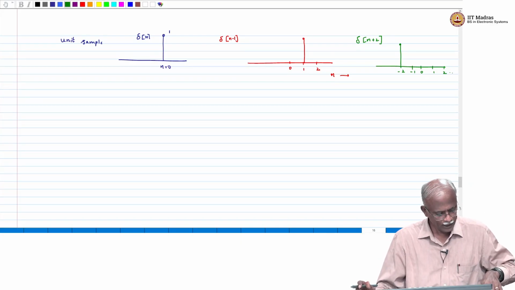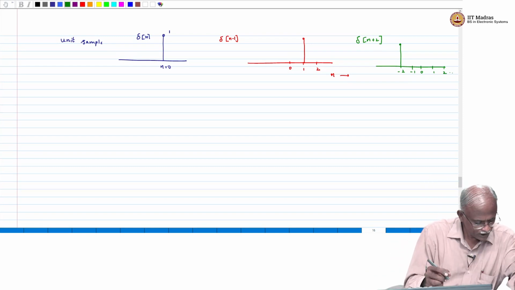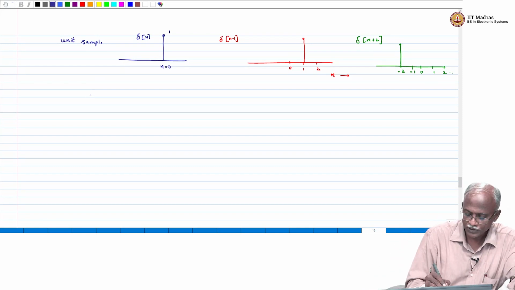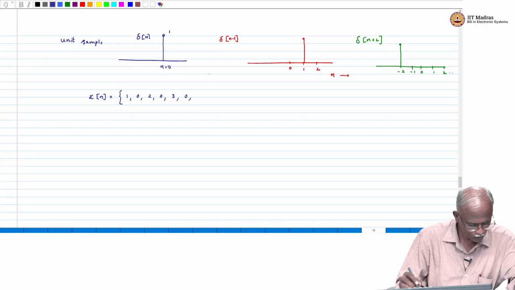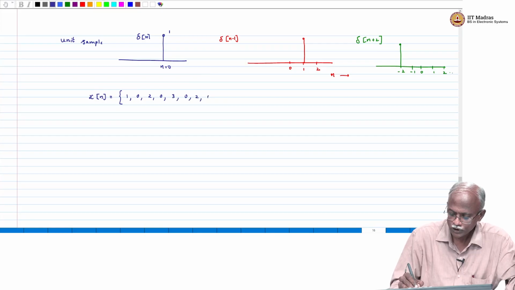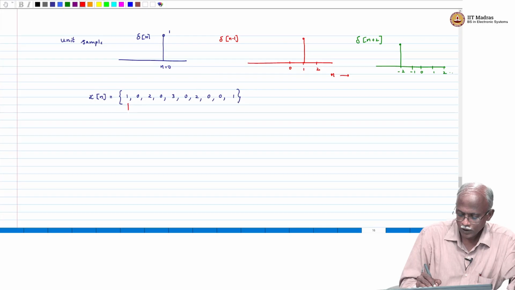Okay. Now, supposing I gave you a sequence, x of n is equal to 1, 0, 2, 0, 3, 0, 2, 0, 0, 1 and told you that the origin was here.